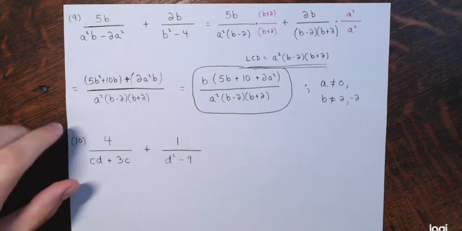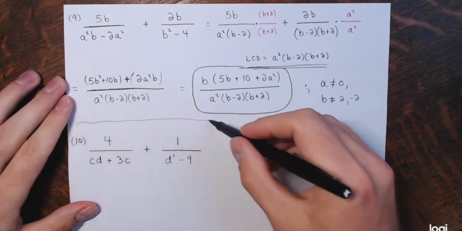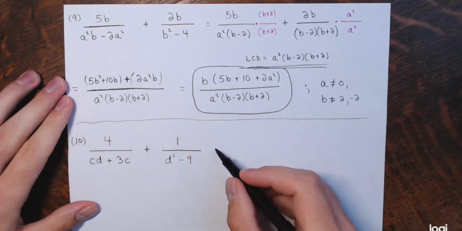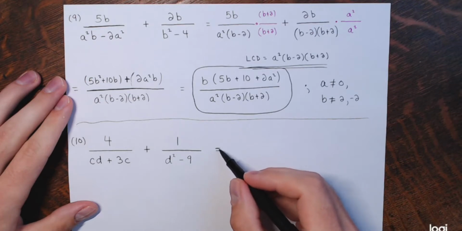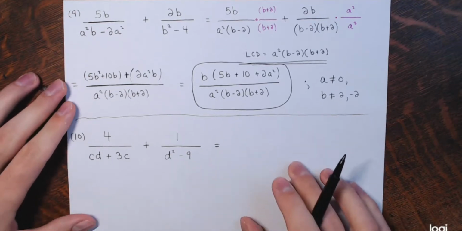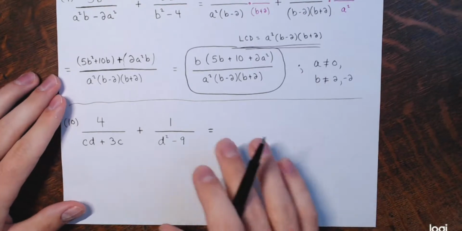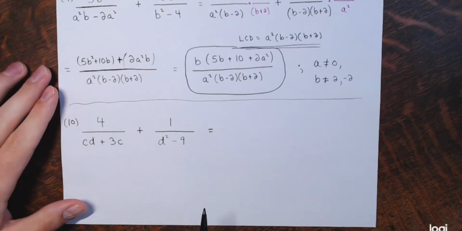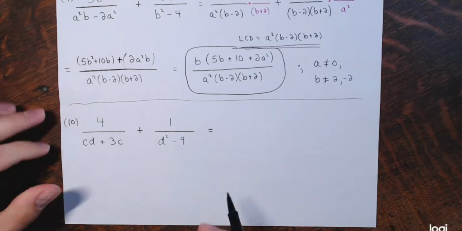Okay, example 10, pretty similar. So I notice that the denominators are not factored completely yet. So I'm going to start off by factoring the denominators, and then we'll state the LCD.